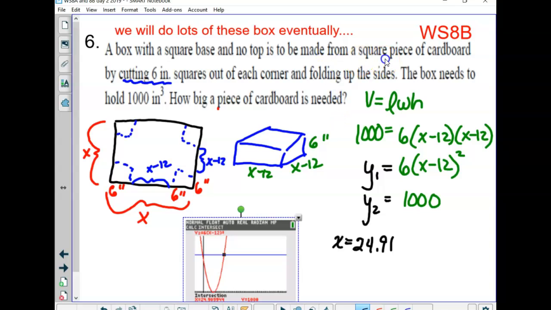Remember, the cardboard was a square. So the original size of the cardboard should have been what? 24.91 by, yeah. What?